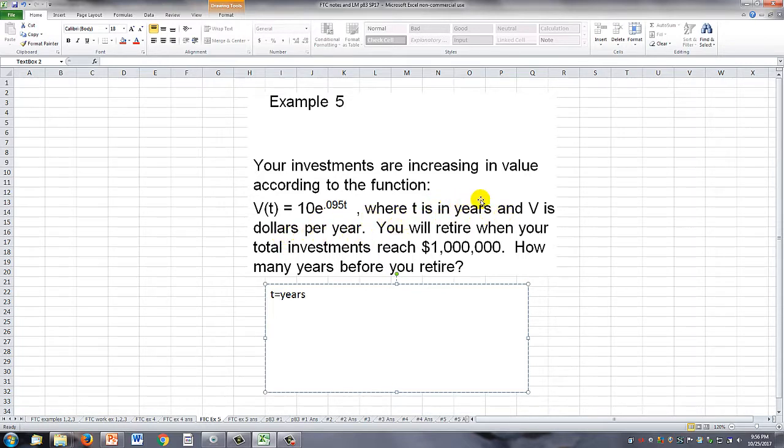So the word rate isn't there, but the units on this V function are dollars per year, y per x. So that means that this V of t function is a rate of change, and it's in dollars per year, which means that the antiderivative of this v of t is just going to be dollars.